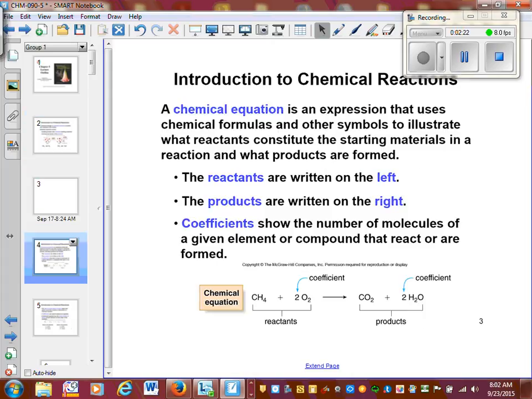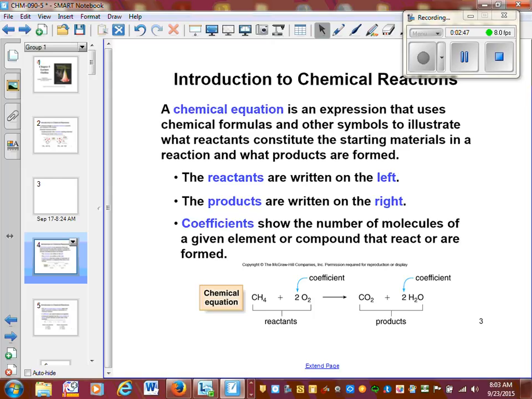So, a chemical equation is an expression that uses chemical formulas and other symbols to illustrate what reactants constitute the starting materials in the reaction and what products are formed. So if we look at this equation at the bottom, the left side of the arrow, the methane and the oxygen, are the reactants.